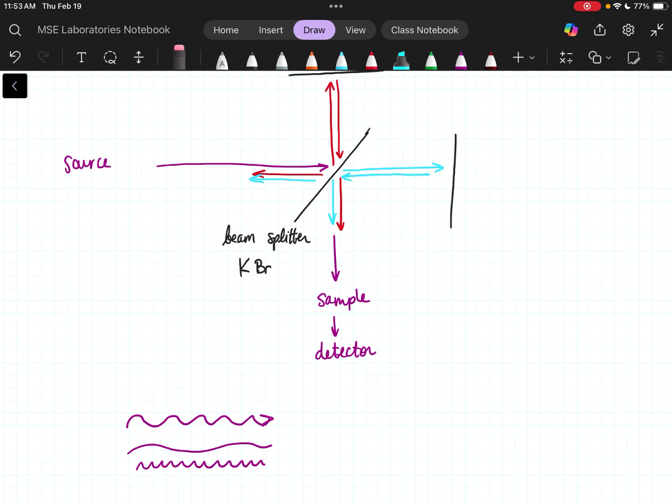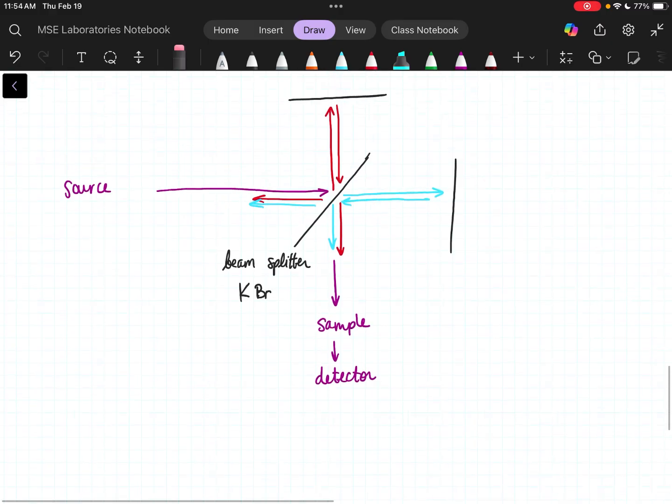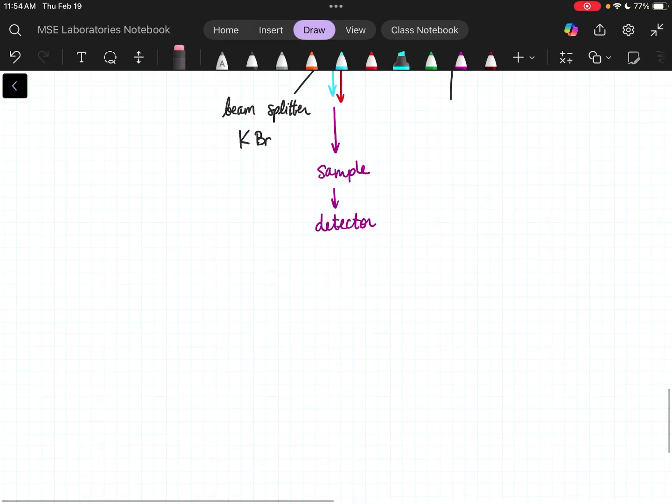So in my purple single line that I've drawn in this illustration, I have every mid-infrared wavelength, all at the same time. Just like when we're looking at the world around us, the sun has every visible wavelength plus some other ones, which allows us to see greens and purples and blues and all the different colors. Those are all different wavelengths.